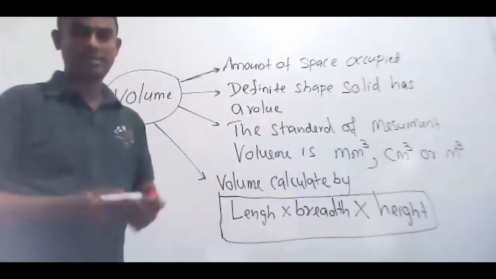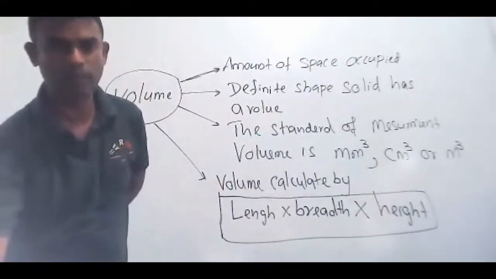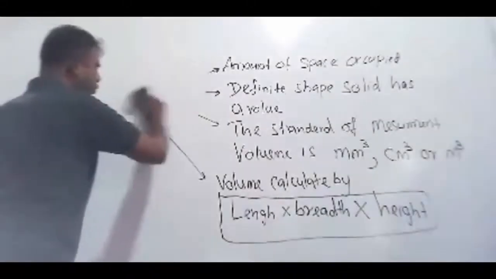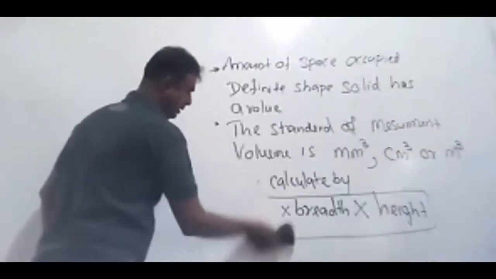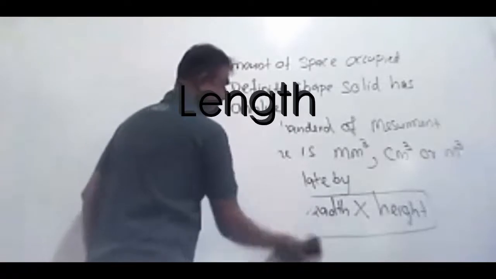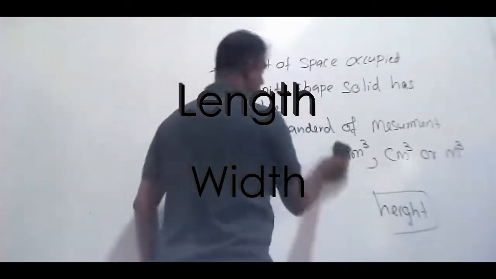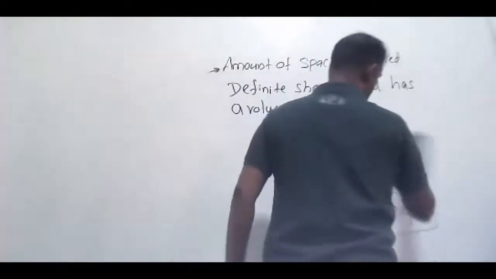Write down these specific features of the volume. Usually, you know the length, breadth, and height of the solid.